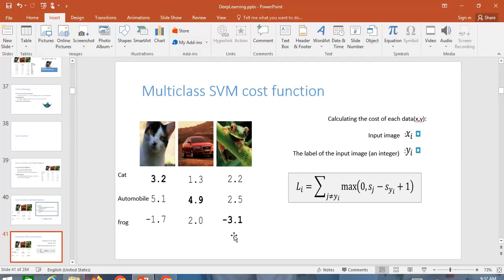Here, for example, this 5.1 is greater than this 3.2. How much greater is this? 1.9. So the negative form of the number 1.9 is the error here.